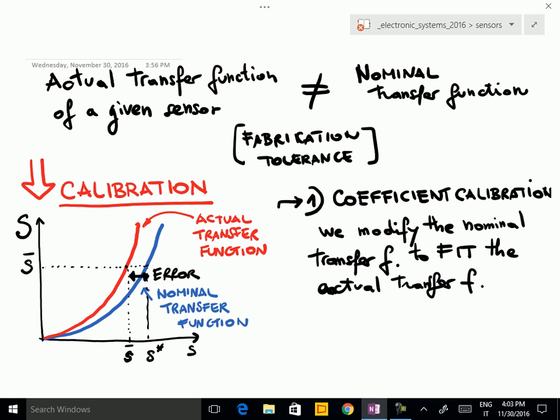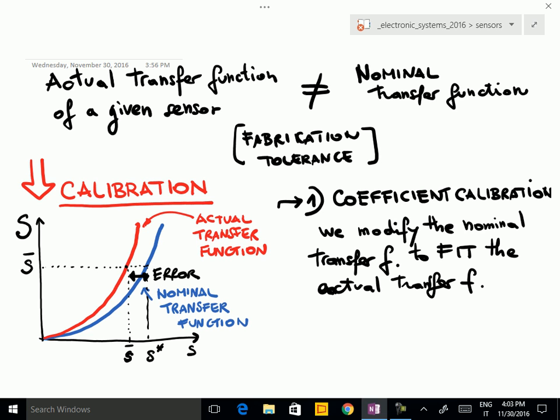Of course, this must be done individually, typically with a sensor that is already accurate, that allows me to make some measurements and actually measure what the actual transfer function is. Because we need some information on the actual transfer function to extract the coefficients that we need for the fit.